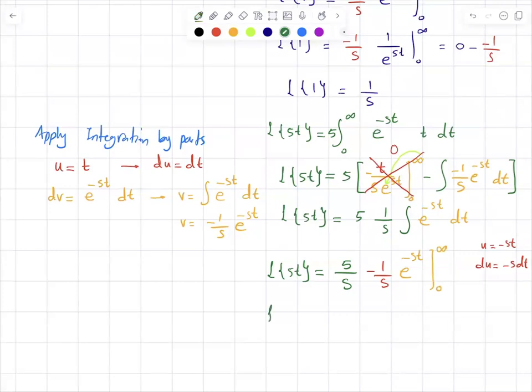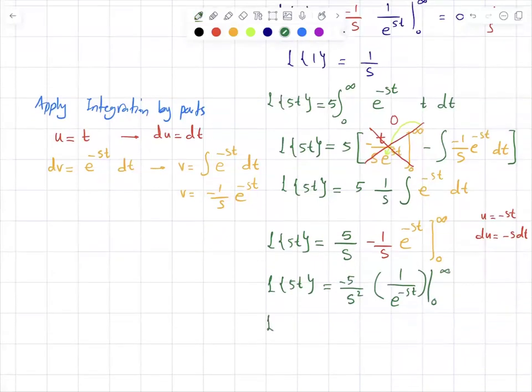So the Laplace of 5t is nothing but 5 over s times negative 1 over s. So you get negative 5 over s squared. If you plug in infinity, this is 1 over e to the power infinity, which is 0. And here you get 0 minus 1 divided by 1, or 1. So you have 5 over s squared.